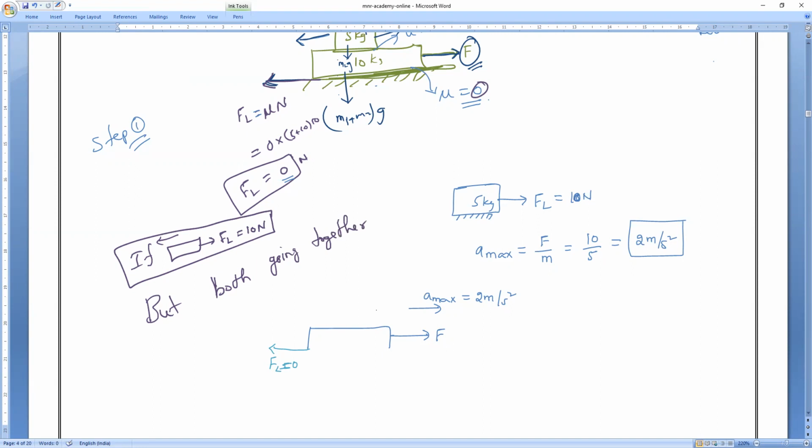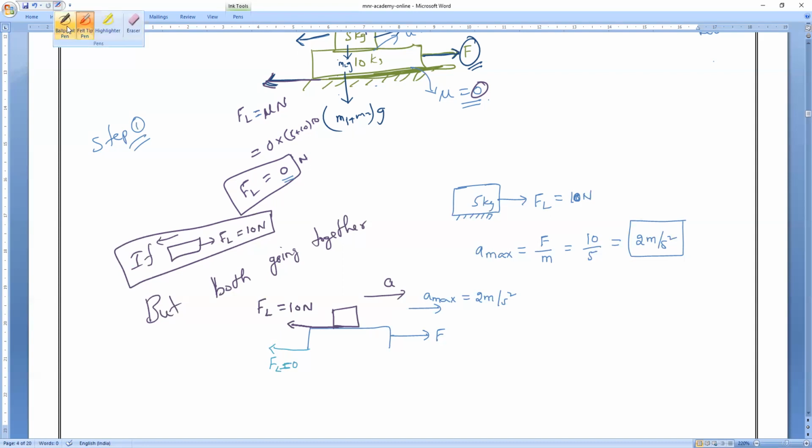Together means both will go in the same direction. In this case, if they both move in the same direction, then F limiting will act in the opposite direction, which is equal to 10 newtons. Do you all understand this point?